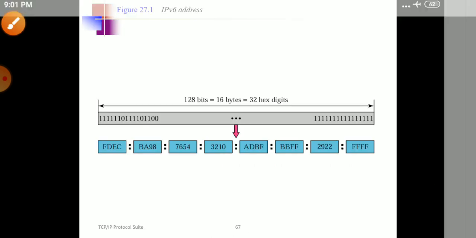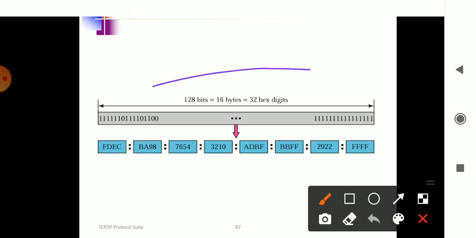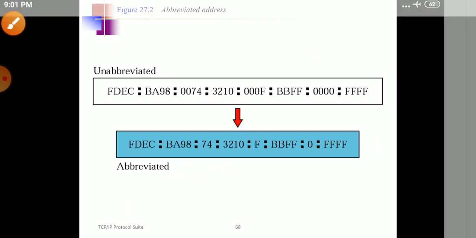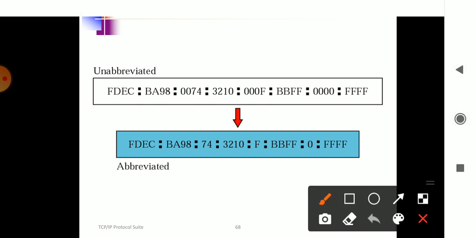So how is it represented? Let's check with 128-bit data, which has 32 hexadecimal digits. You can check how it is represented in the network. The zeros can be compressed, and here the zeros can be represented in compressed form.